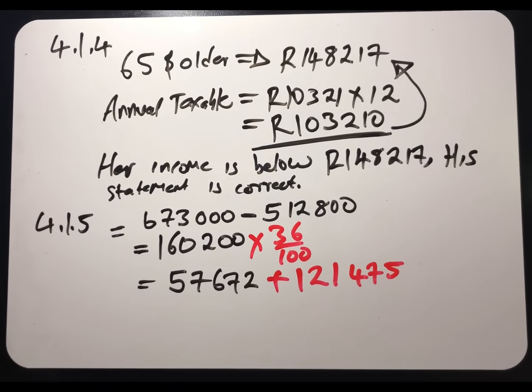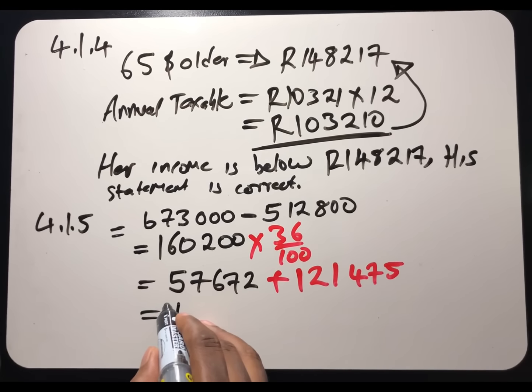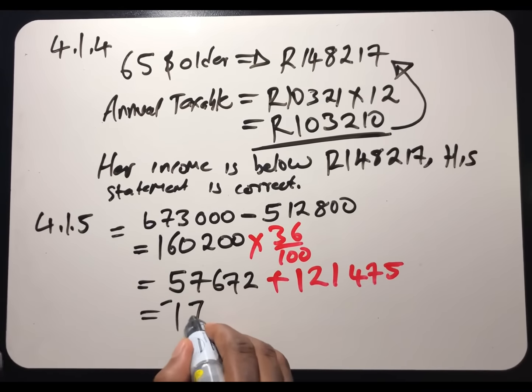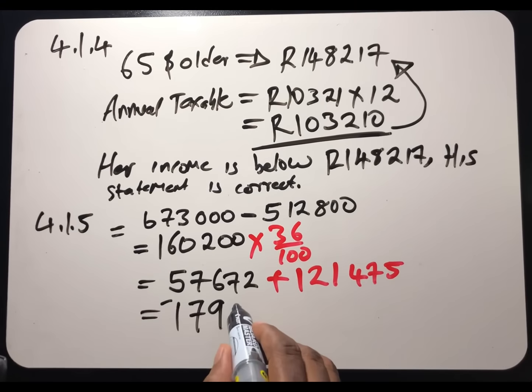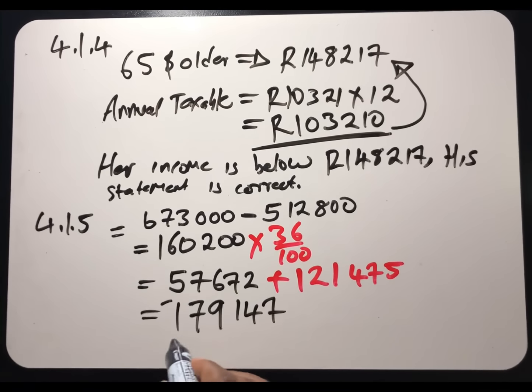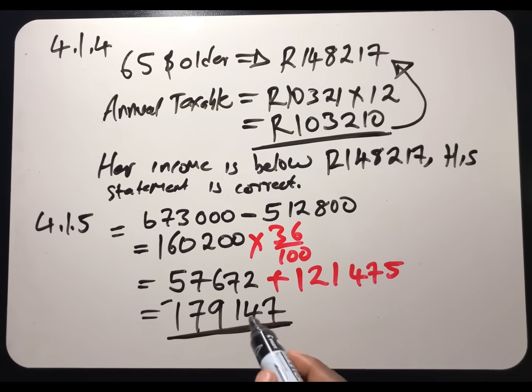So we add 121,475 plus 57,672. We found that our final answer is 179,147. This is how you prove that amount.